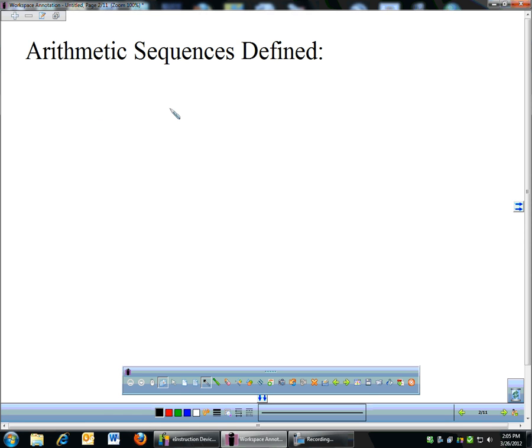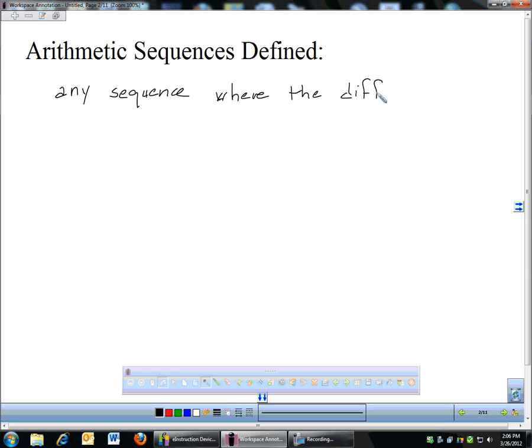An arithmetic sequence is a unique sequence, and the definition of an arithmetic sequence is any sequence where the difference, and difference is a key word, it means you're subtracting, right, the difference between any consecutive terms is constant.